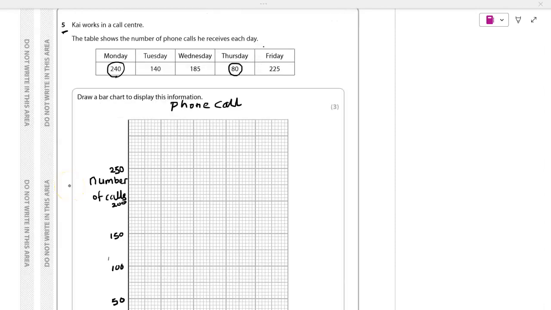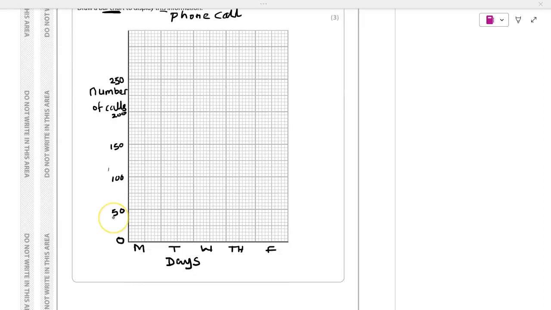So we need to draw a bar chart to display this information. On Monday, we have 240. So let's find 240 on the chart. 150, this is 200, 210 will be here, 220, 230, 240 is here.